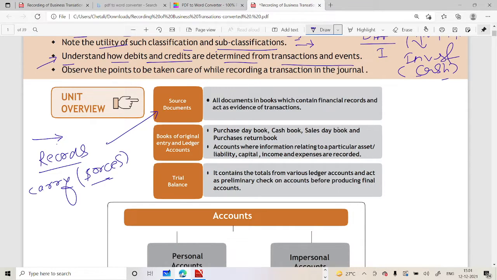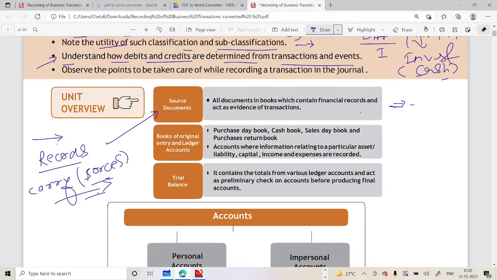So what is the source? Suppose you purchase a computer or any device required for your business. Then you need to carry the receipt for it as well, because without that you cannot prepare accounting entries. And even if you prepared them, you still need evidence that you have purchased something and from whom.